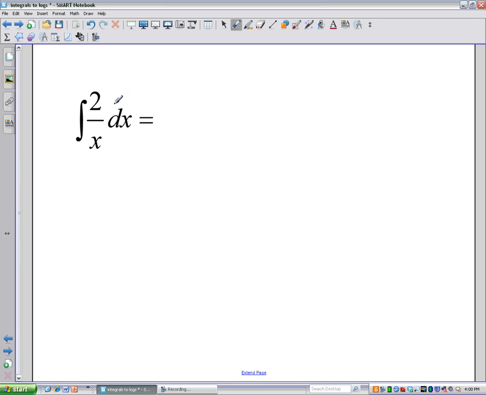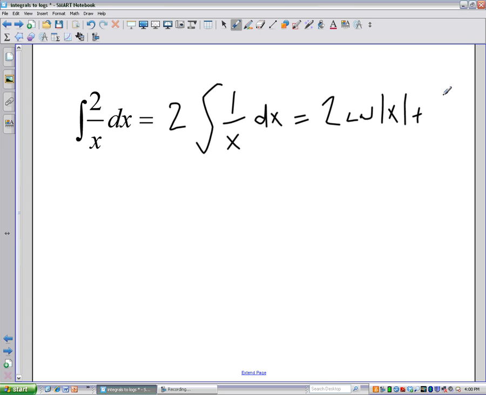This is really 2 over x. Remember, when we have a constant multiplier, we can always pull it out front, and this becomes 2 times 1 over x dx. The antiderivative of 1 over x is the natural log of the absolute value of x, so we have 2 natural log absolute value of x, plus c.